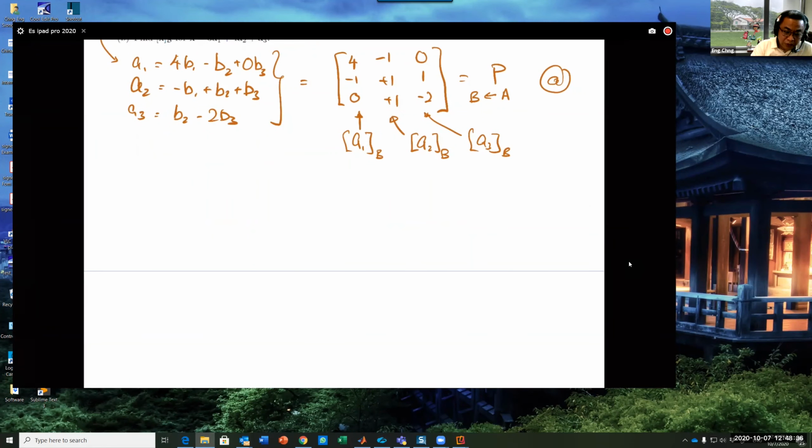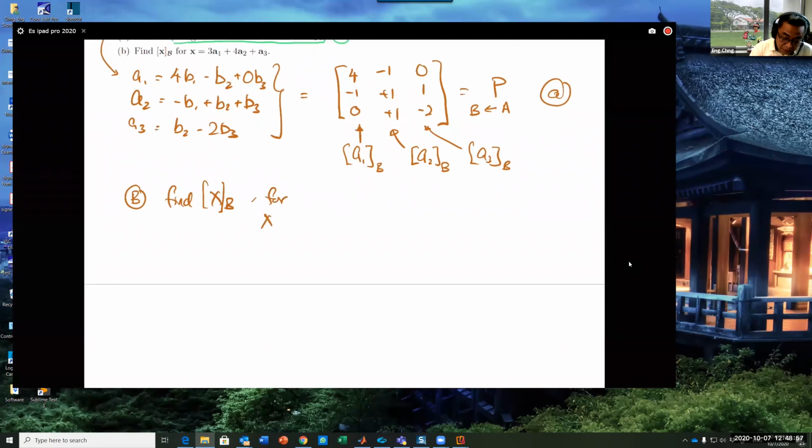Now, how do we use it? We want to find XB, the representation in the B coordinate for this vector X, which is equal to 3A1 plus 4A2 plus A3. Now, he's telling you abstractly, but concretely he's saying, I am giving you a vector in the A coordinate.